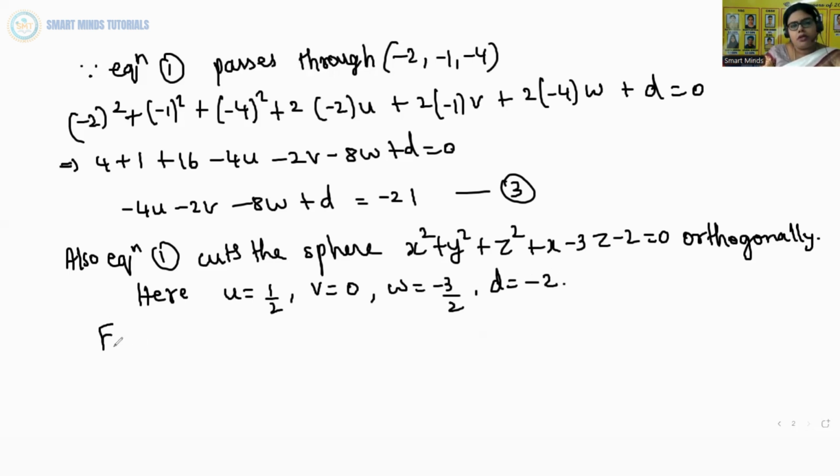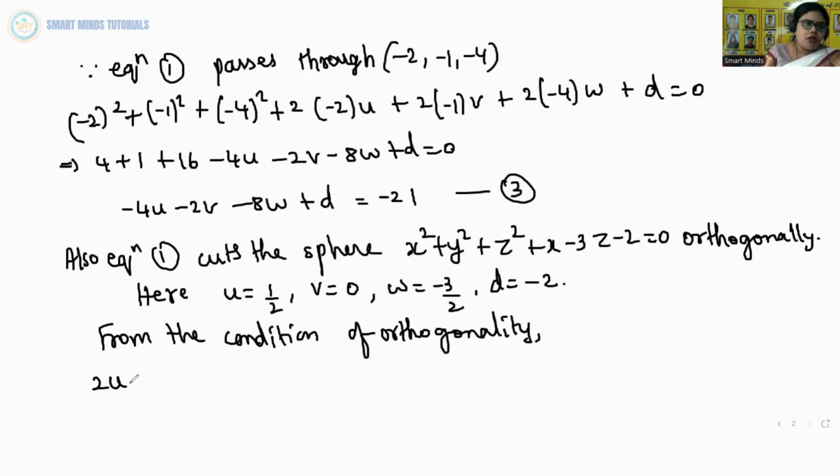Now from the condition of orthogonality, what do you get? I already told you the orthogonal condition is 2u1 u2 plus 2v1 v2 plus 2w1 w2 is equal to d1 plus d2.